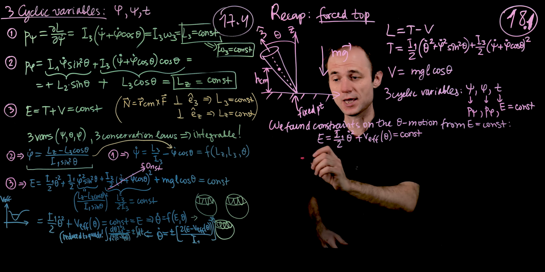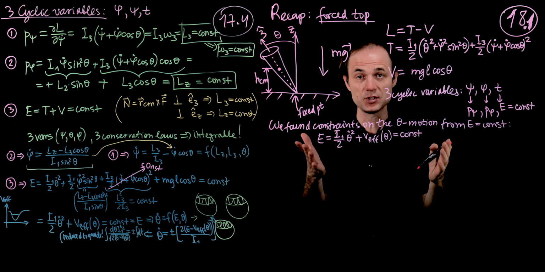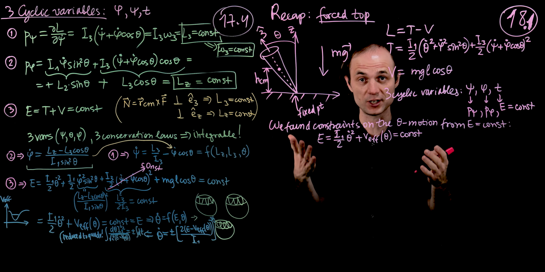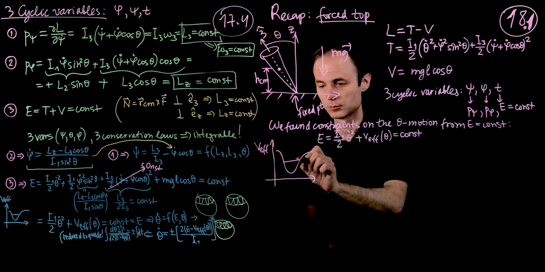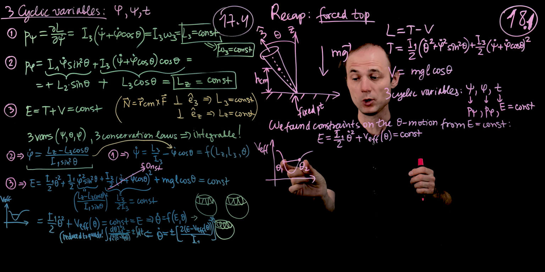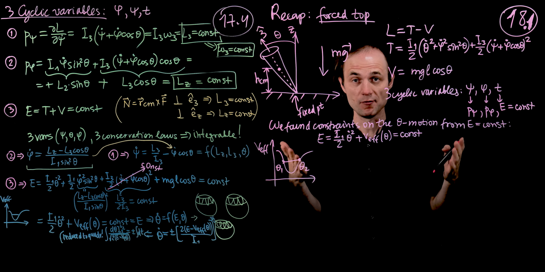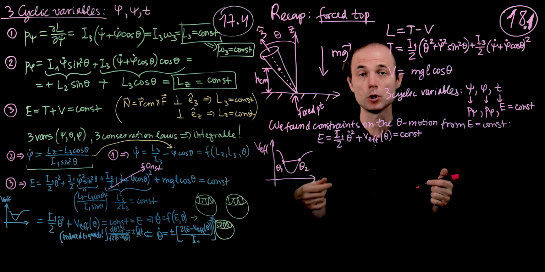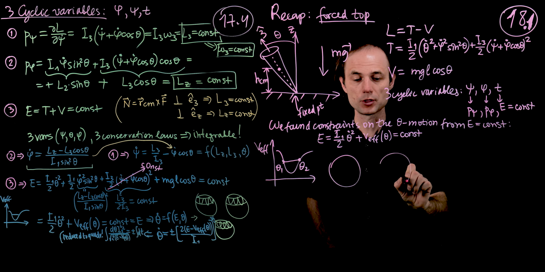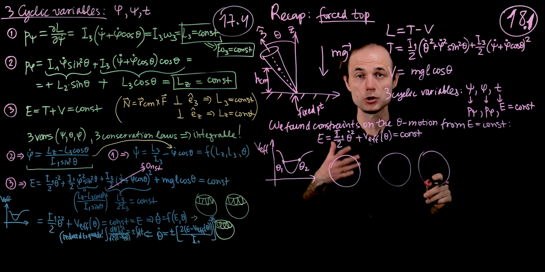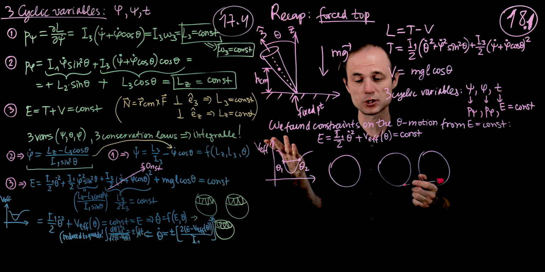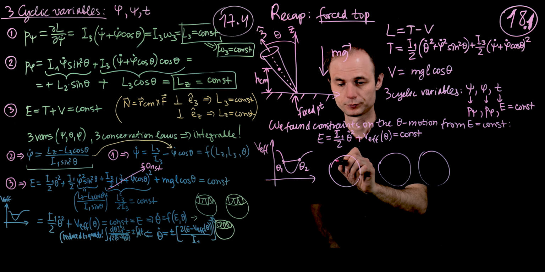Namely, because the energy conservation behaves similar to a radial motion of a particle in a central effective potential, the motion of a forced top will be bound between the minimum and the maximum values of theta, theta 1 and theta 2, two turning points.